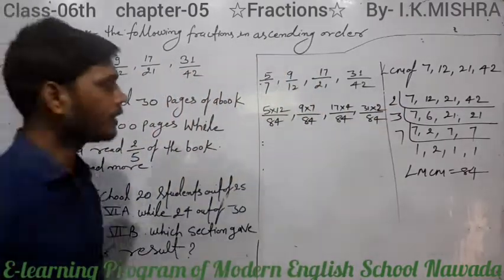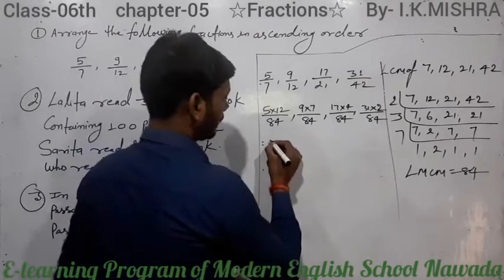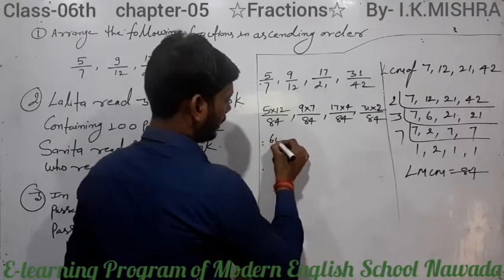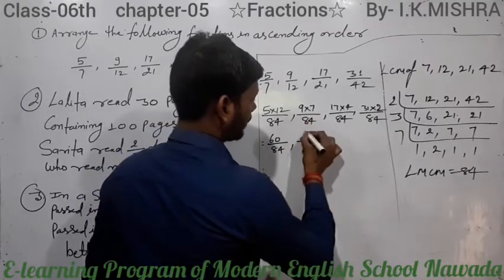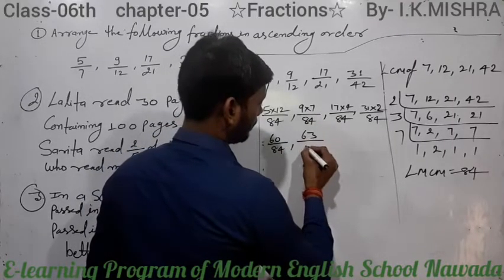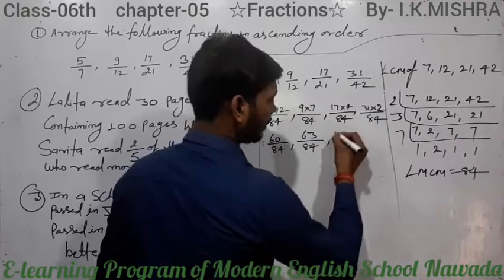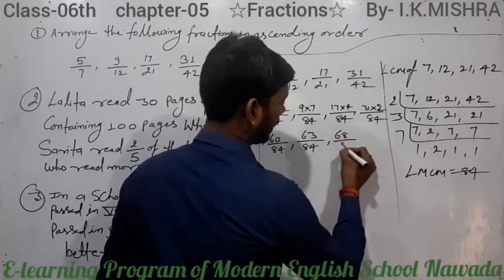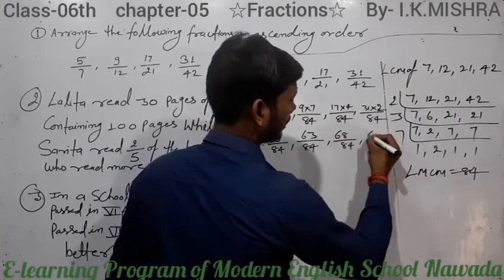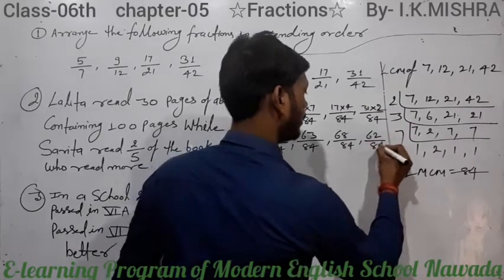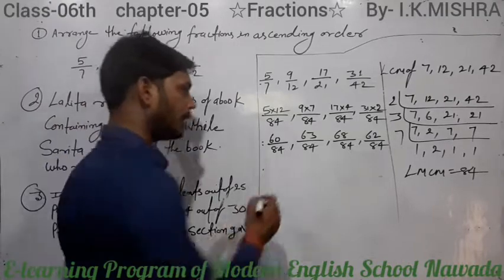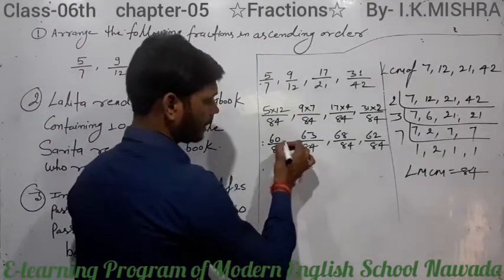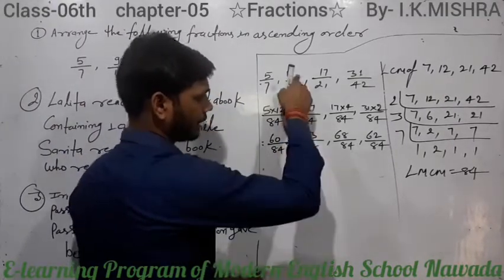Clear students? Now 60 by 84, 63 by 84, 68 by 84, 62 by 84. Clear students? Now observe this fraction written for each.